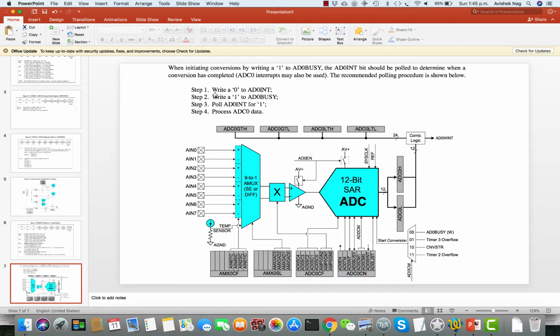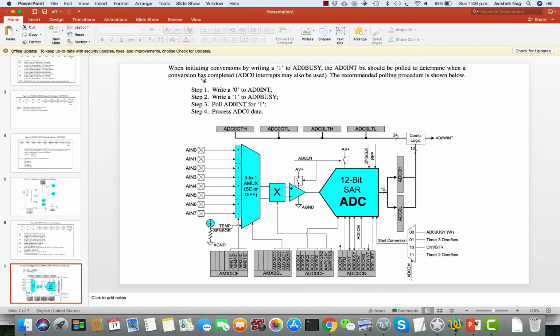So the first step is to write a 0 to ADC0INT, and then write a 1 to ADC0BZ to start the conversion, and then you have to poll the ADC0INT for 1. So you have to check the ADC0INT bit, and when this is 1, then your data is ready to process in these two registers, and then you process the data.